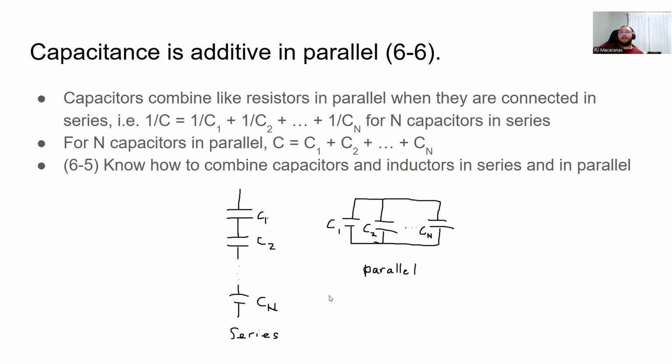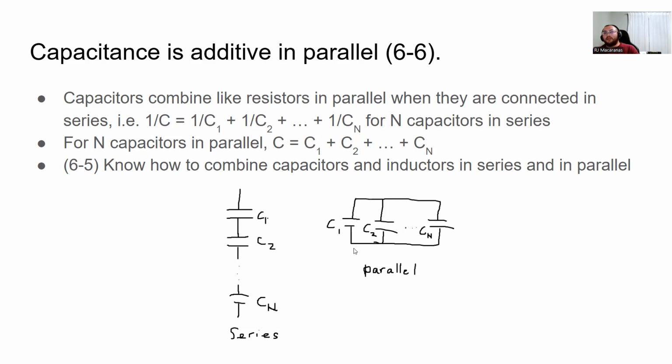And then if you have capacitors in parallel, then again, this capacitance actually is additive. You can add these up together to get the total effective capacitance there. And this is important because you can't store as much energy when you have capacitors connected in series.